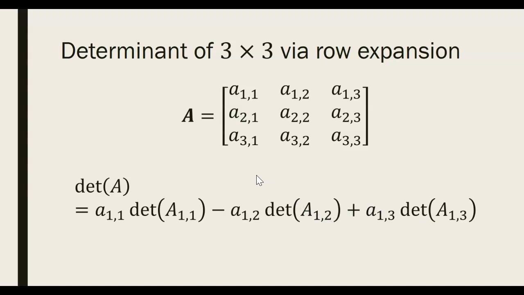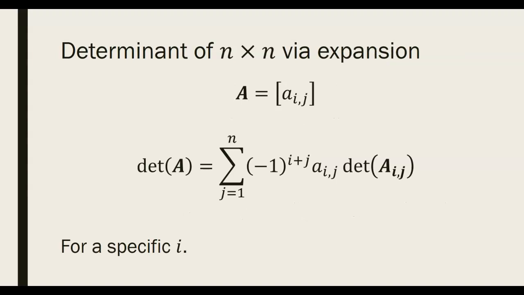And you could find out also, I didn't do this in the last example, but if you were to go back to the last example, you could have also expanded using the columns. So I could have done A11, A21, A31 times the determinants of their submatrices. So any row or any column you can expand out on.